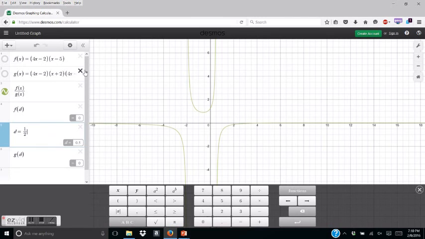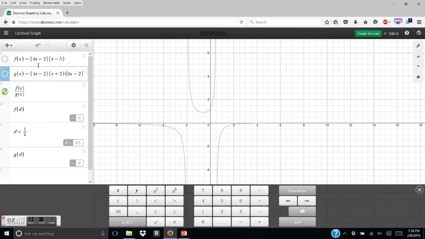So keep that in mind, because what that means is we have (4x minus 2)(x minus 5) divided by (4x minus 2)(x plus 2)(4x minus 2). This 4x minus 2 and this 4x minus 2 will cancel out, but a 4x minus 2 will be left in the denominator, which means it would be an asymptote. Hopefully that helped clear things up for you, and we will see you for the exam.